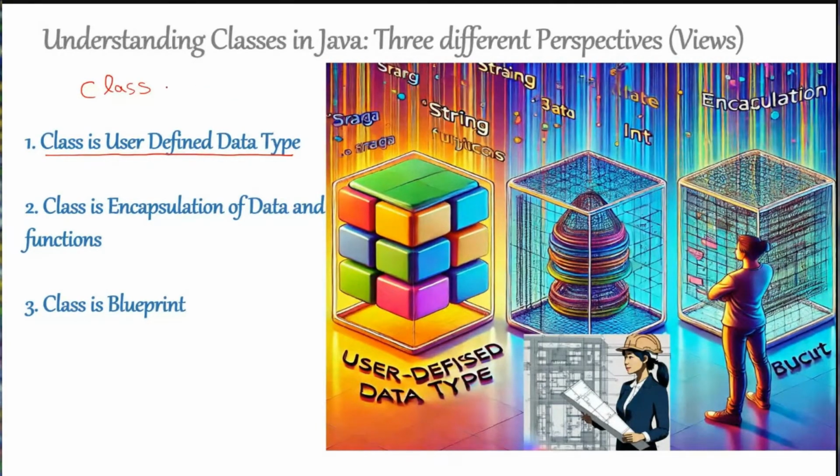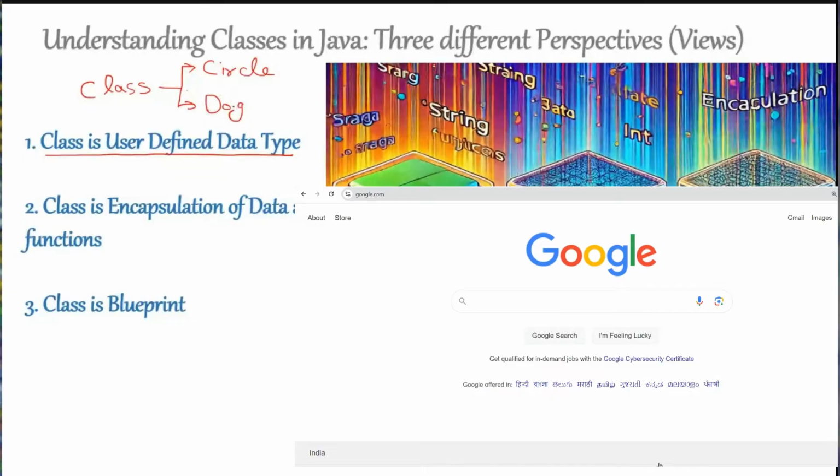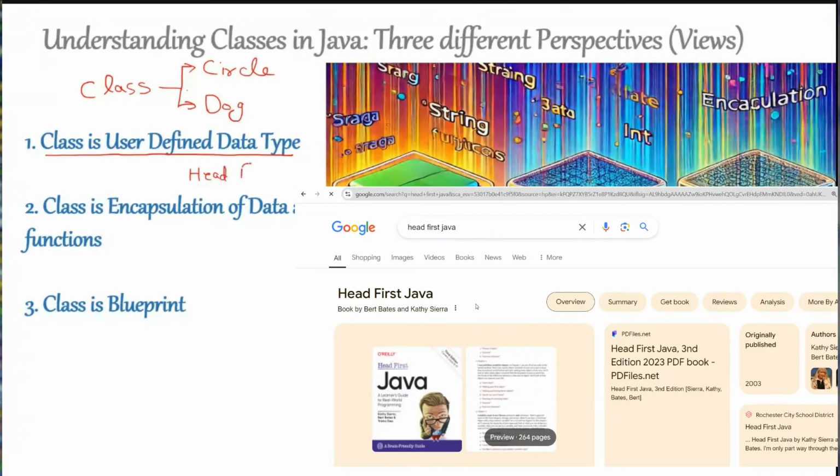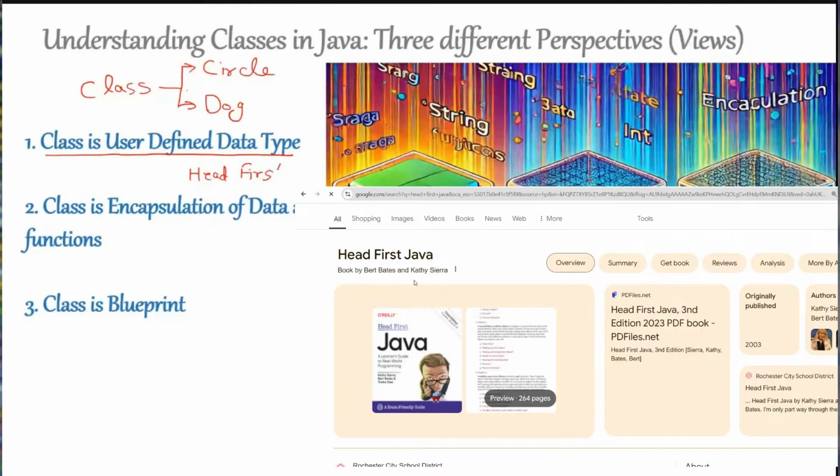Then two important classes I wanted to mention here. One is circle, because it's very necessary to understand, and the other class is a very funny class, and this class is the dog class. Not funny actually. Why I'm taking this? Purposely I'm taking this. There is one very standard book. If you want, you can note it down also. Head First Java. Just search for this book.